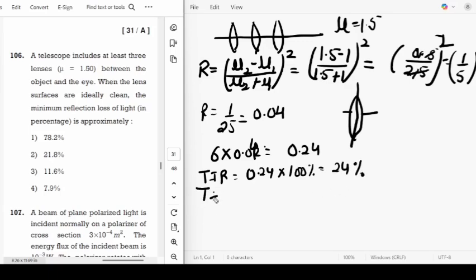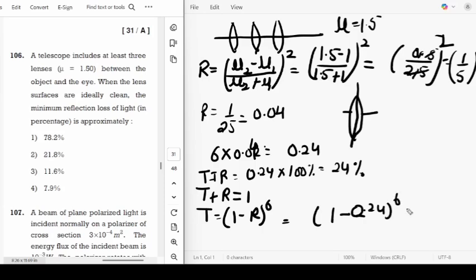As we know, transmission plus reflection is equal to 1, so transmittance is 1 minus R. Here the transmittance through 6 surfaces is (1 minus R) to the power 6, that is (1 minus 0.04) to the power 6, which is 0.96 to the power 6. When this comes out, we can approximate it as 0.783.